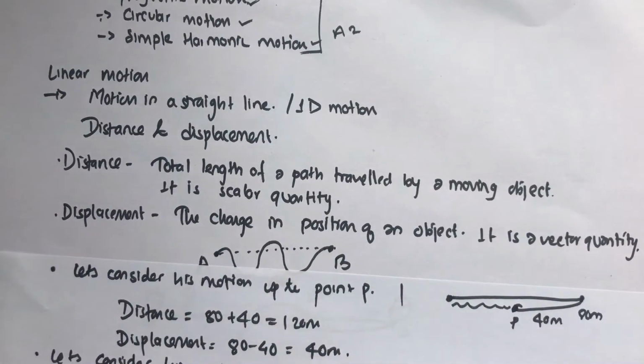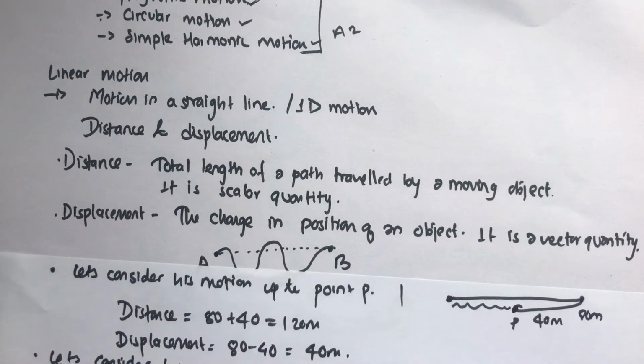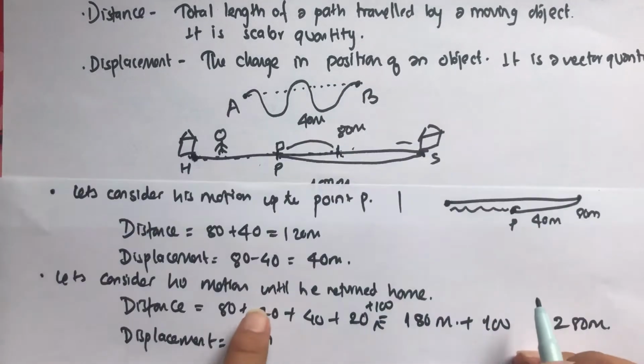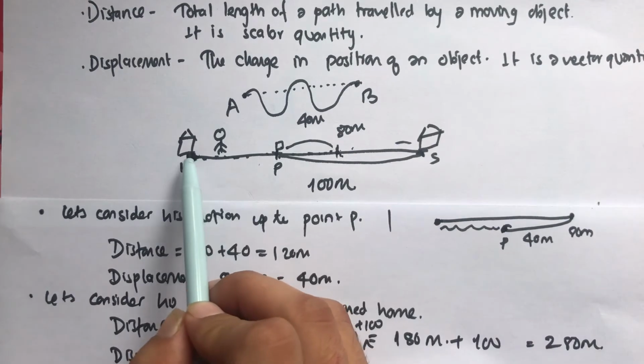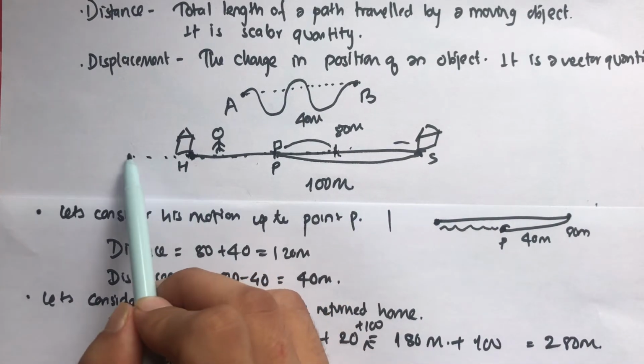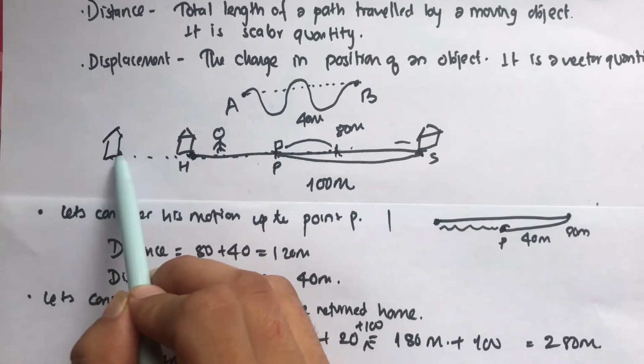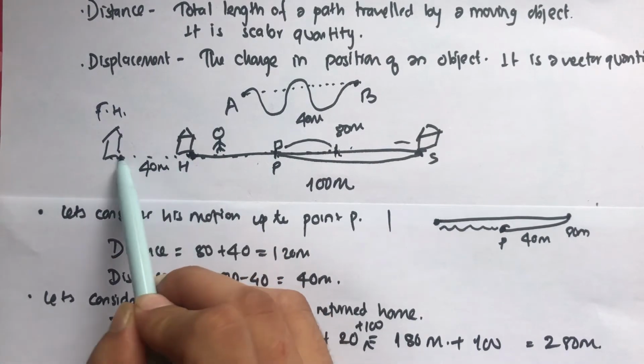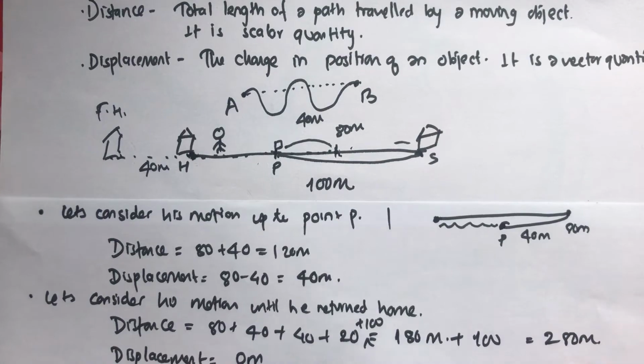Since displacement is a vector quantity and distance is a scalar quantity, displacement can be negative, but distance can never be negative. Let's see when the displacement can be negative. Let's say the boy then heads in this direction towards his friend's house. It's 40 meters, and he stays at his friend's house.